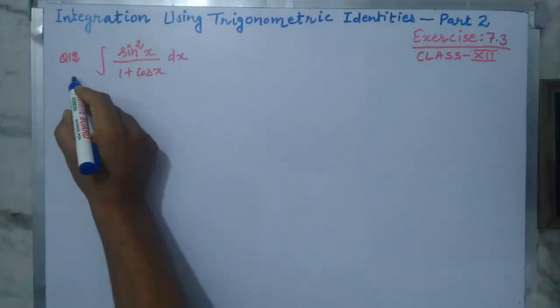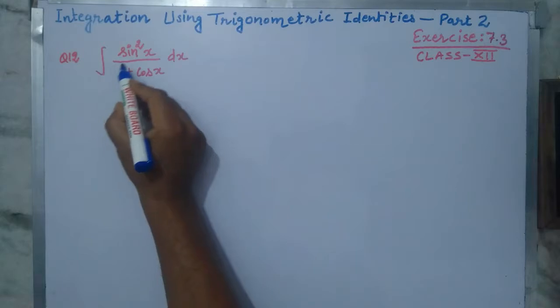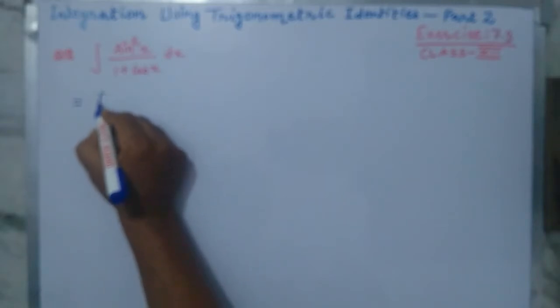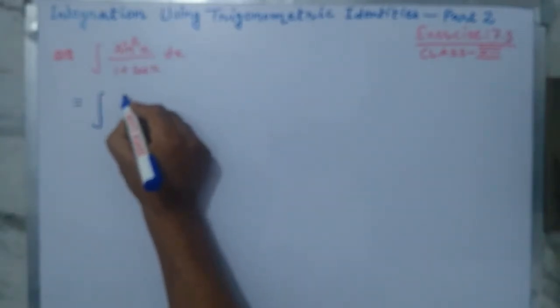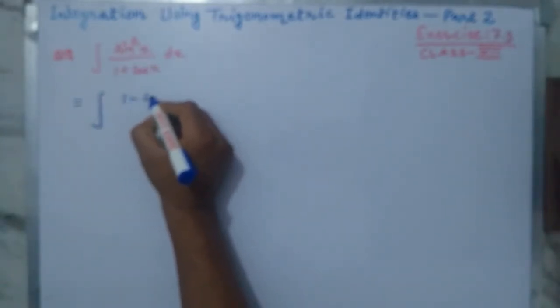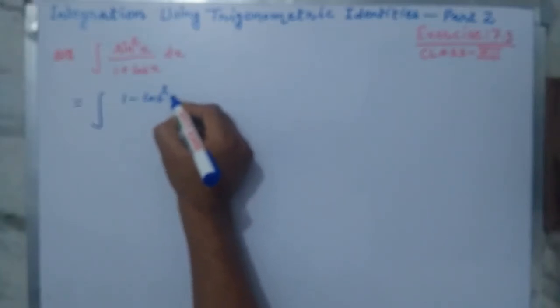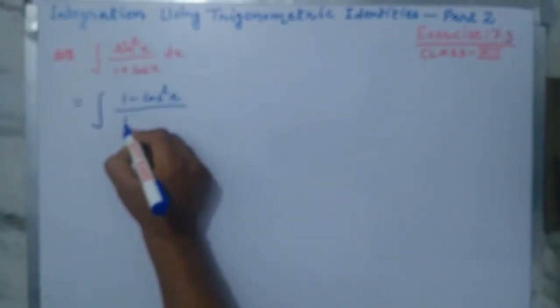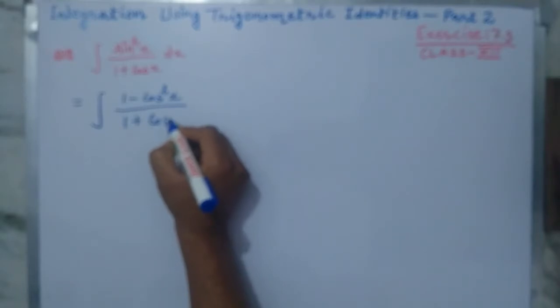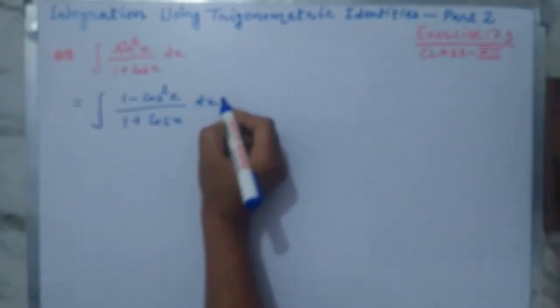Question number 12. What is the integration of sin square x upon 1 plus cos x dx? So first of all, sin square x we can write as 1 minus cos square x whole divided by 1 plus cos x into dx.